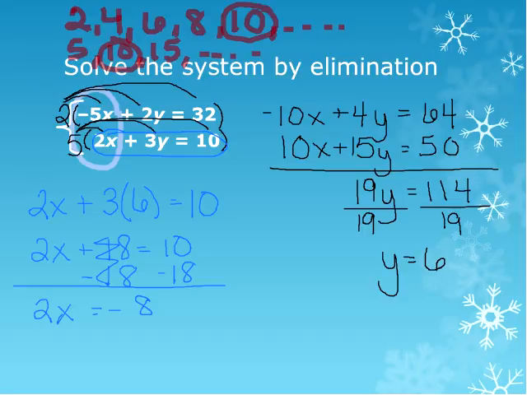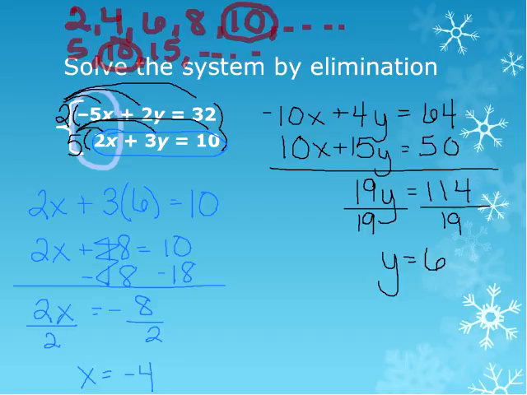And then lastly, it looks like we can divide by 2. What is negative 8 divided by 2? We should get a negative 4.